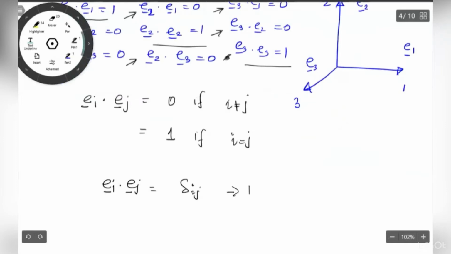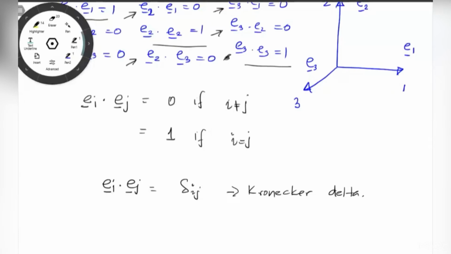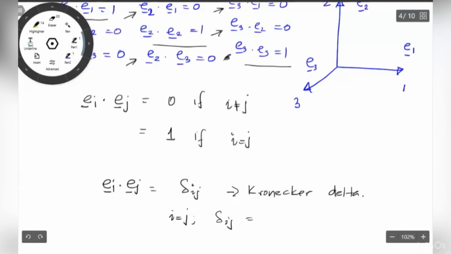This is called the Kronecker delta. If i is equal to j, delta ij is equal to 1, and if i is not equal to j, delta ij is equal to 0.